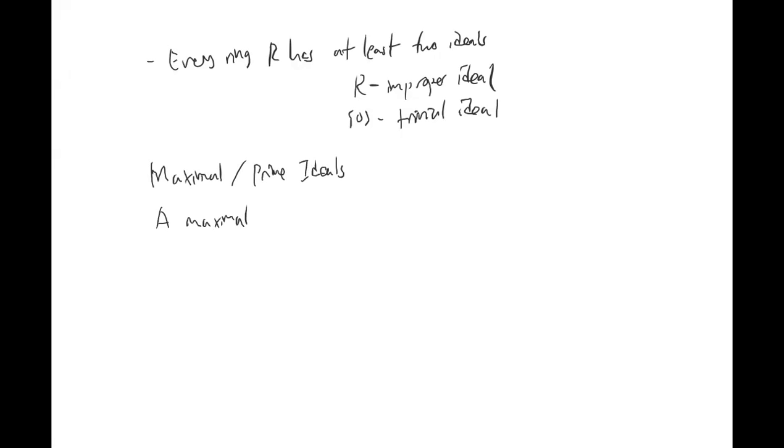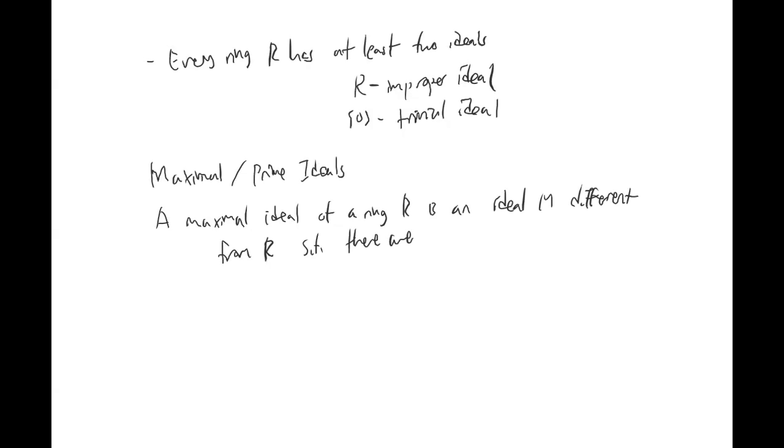A maximal ideal of a ring R is an ideal M different from R such that there is no proper ideal N of R properly containing M.